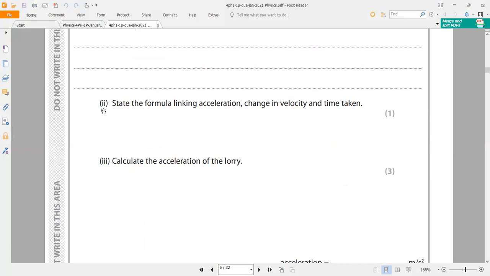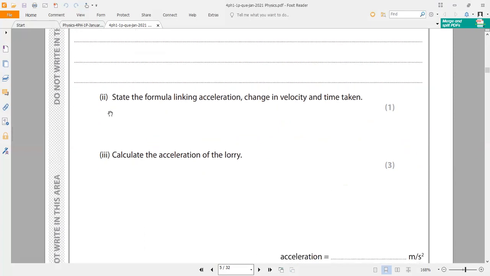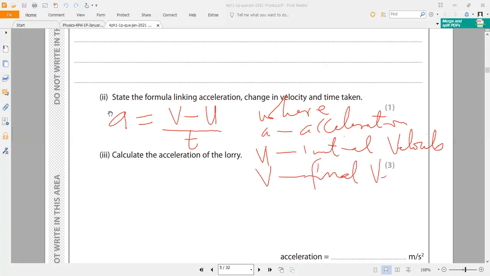State the formula linking acceleration, change in velocity, and time. If A denotes the acceleration, V the final speed, U initial speed, and T time. Let me write. Where A is acceleration, U initial velocity, V final velocity.